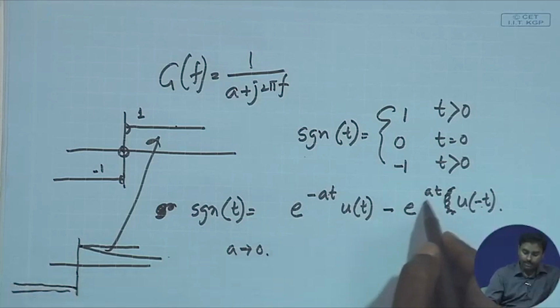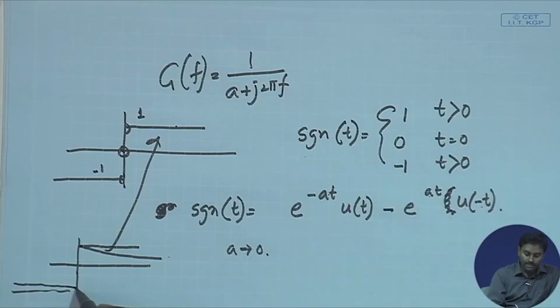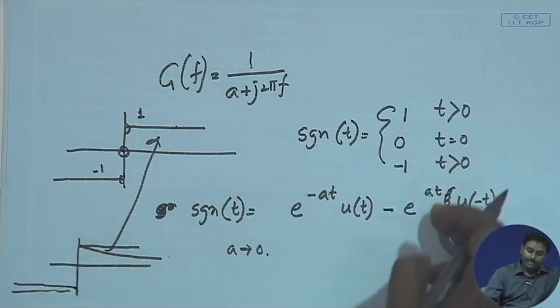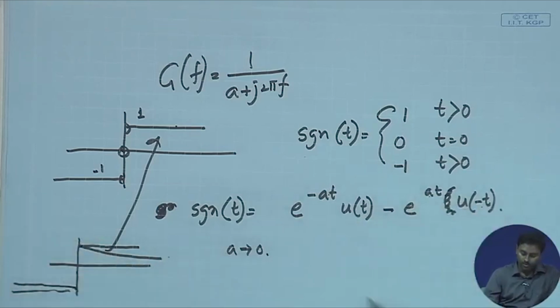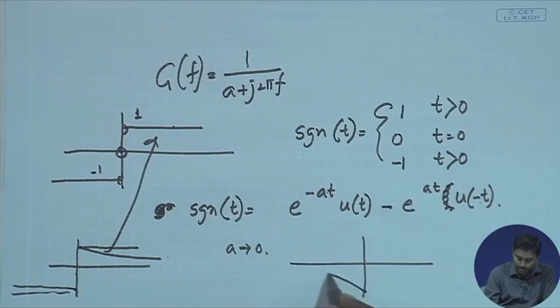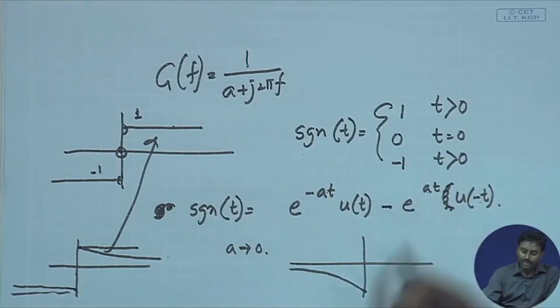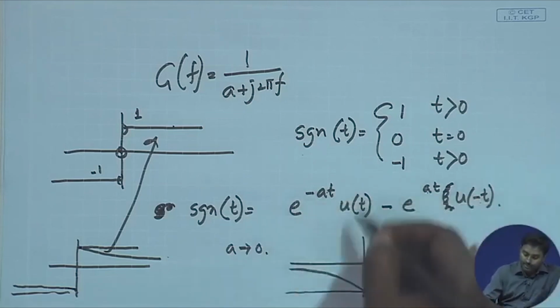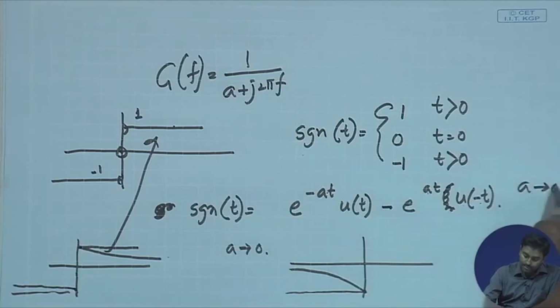If I put some finite value of a, then e to the power a t will increase as t increases, starting from minus 1, and at t equal to infinity it will go to 0. But if a tends to 0, this will almost become flat. So, this particular function, as a tends to 0, almost mimics the signum function.